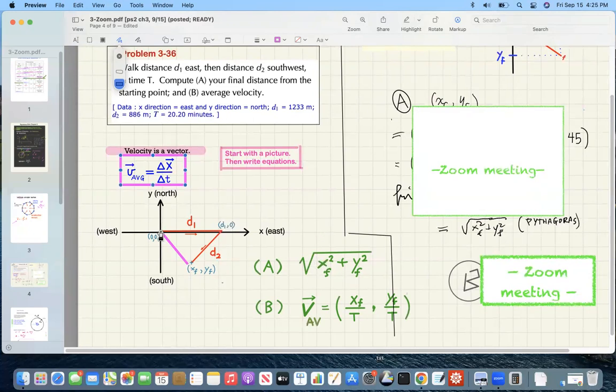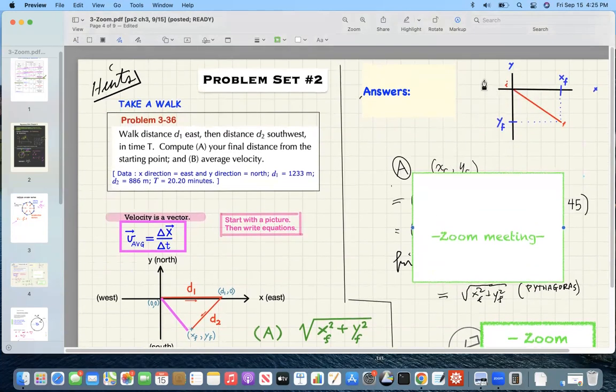And the distance from where you started, the origin is where you started, the distance from the origin is the square root of xf squared plus yf squared by the Pythagorean theorem. So you have this picture, you have an xy coordinate system, you have a horizontal distance xf, you have a vertical distance minus yf, which is negative, it's in the south direction.